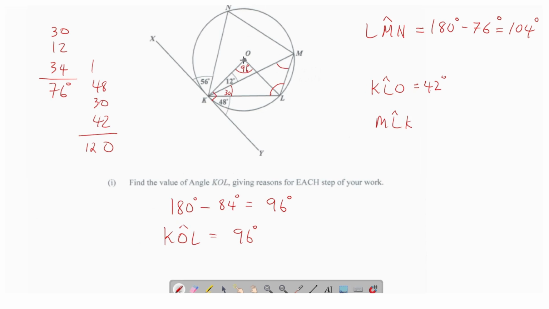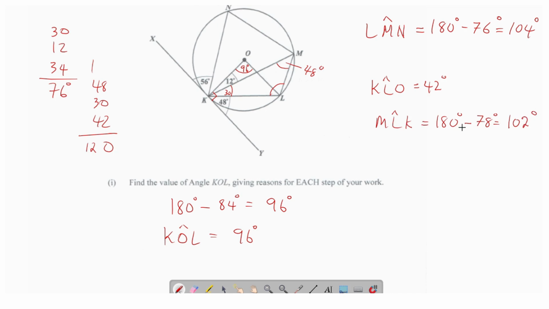Right, so now we have an angle at the center of the circle, 96 degrees, and also this angle is standing on the circumference, so we can say the angle at the center is twice the one on the circumference. Therefore this should be 48 degrees. So we have a triangle where we have 48 degrees and 30 degrees, so we can find angle L. Angles in a triangle add up to 180, so we have 180 degrees minus 48 and 30, that's 78 degrees, so that gives 102 degrees.